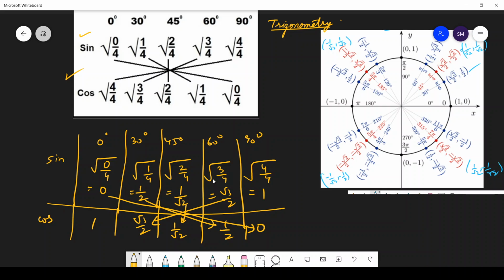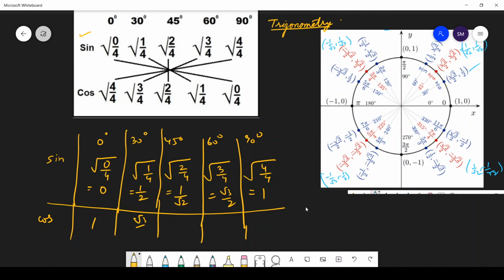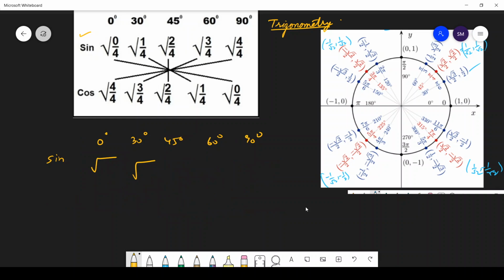So we can find the values this way also. Is it clear? Yes, sir. Okay.